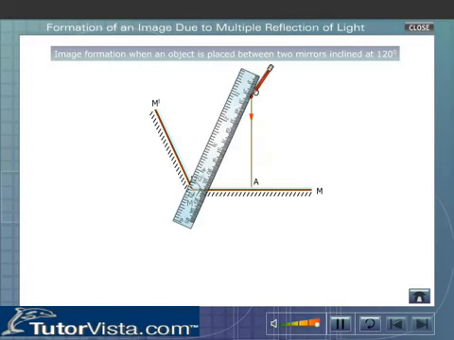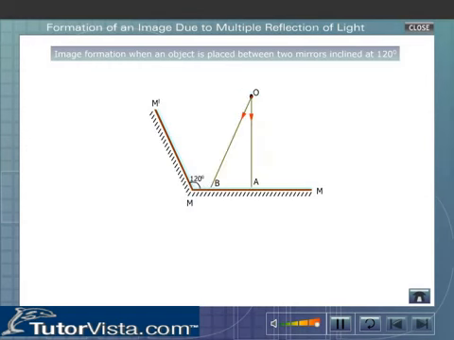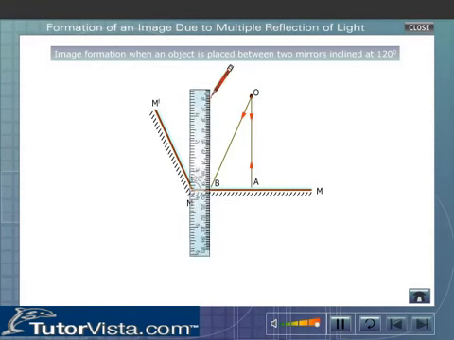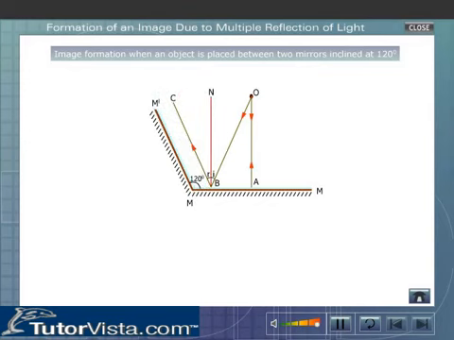Let OA and OB be the rays incident on the mirror MM. OA being perpendicular to the mirror retraces its path, whereas OB gets reflected along BC according to the laws of reflection.